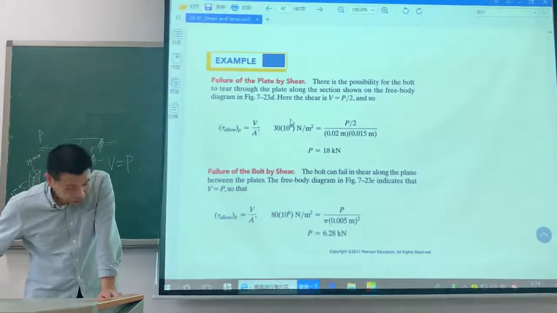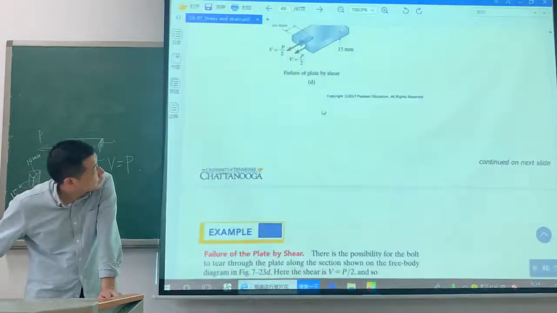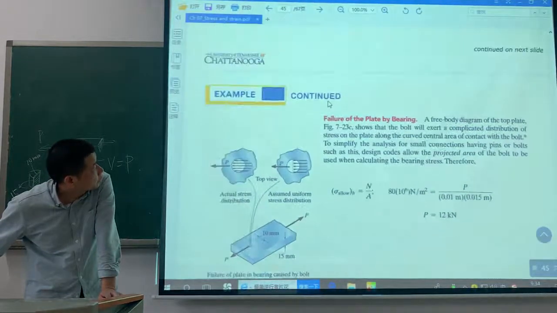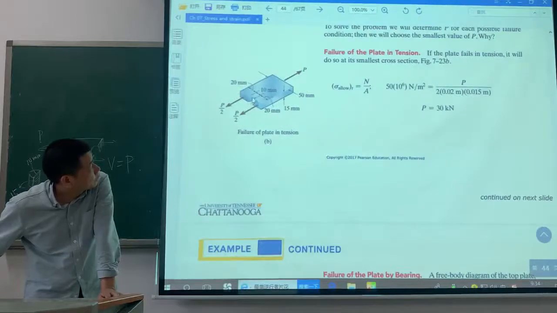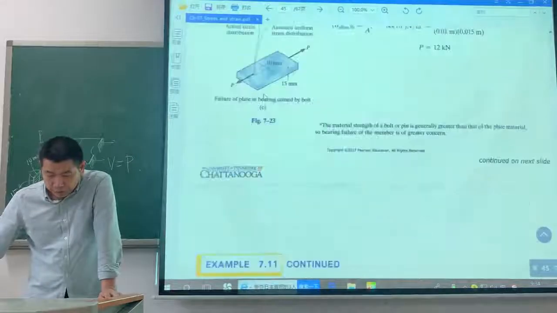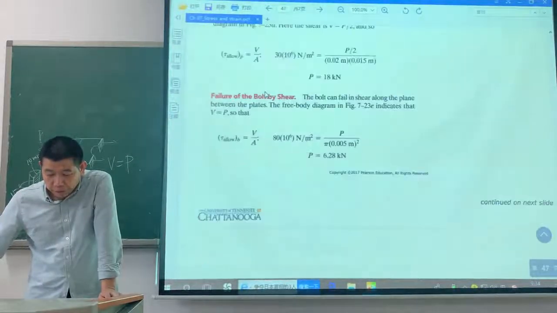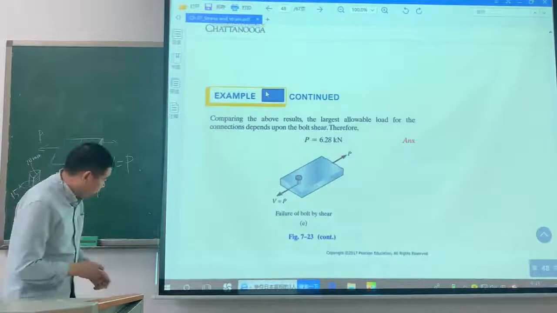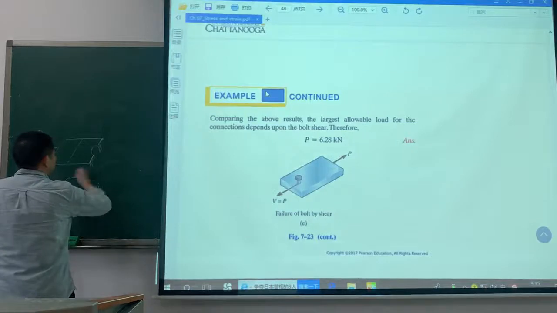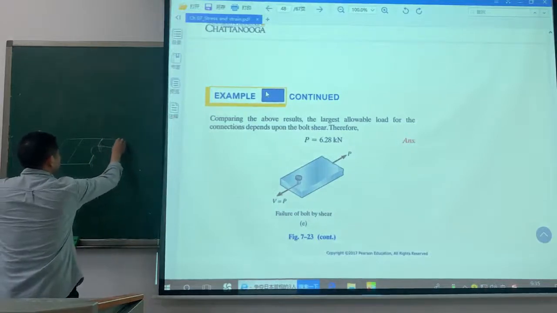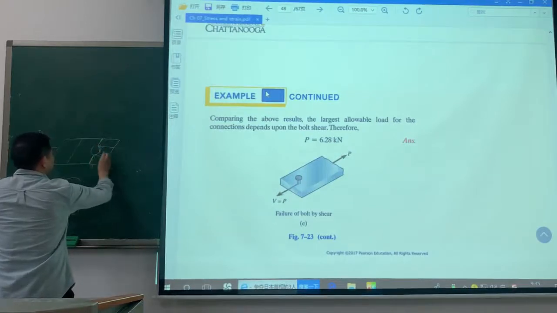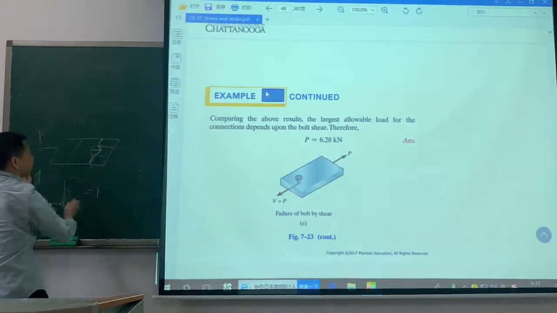It means it's difficult, this problem. Now look at this. It means for the plate, P is here.